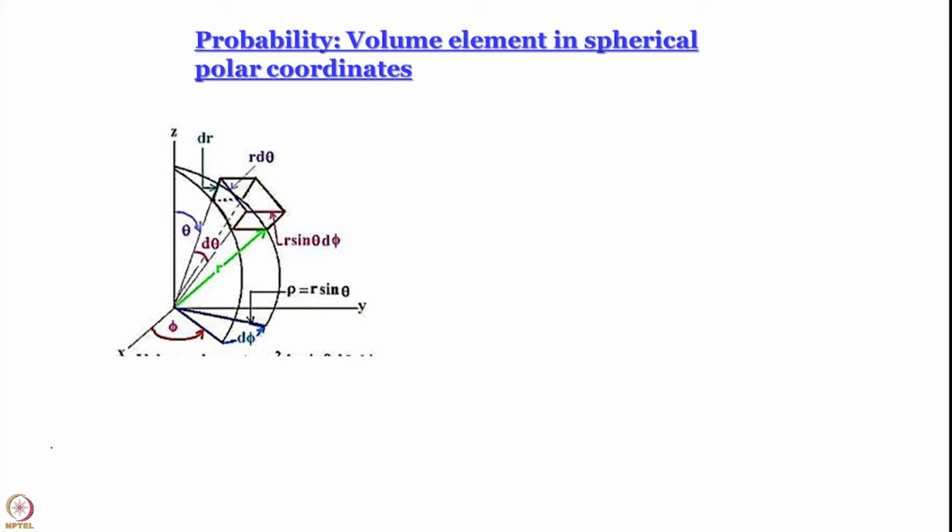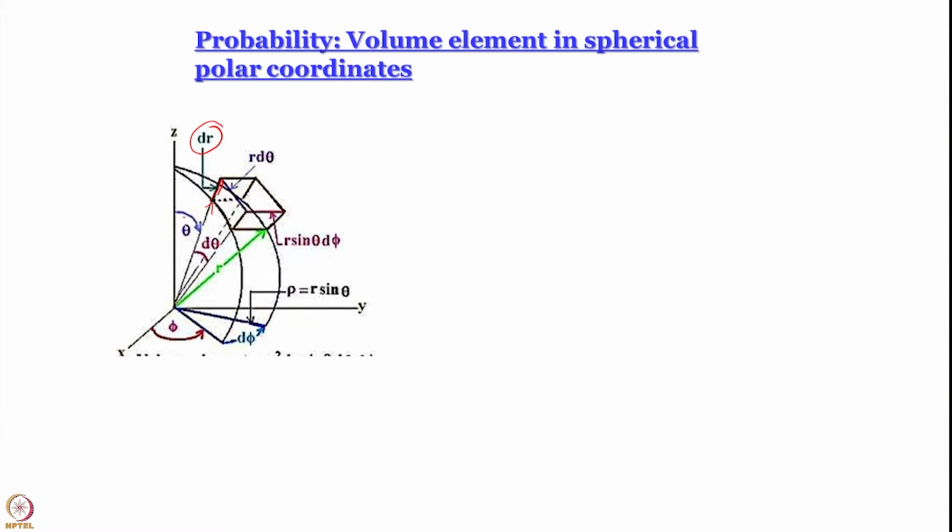When we talk about spherical polar coordinates, this is one coordinate r, up to here is r, and we increase that coordinate by an amount dr. Okay, so that is one side of our volume element. Next coordinate is theta.